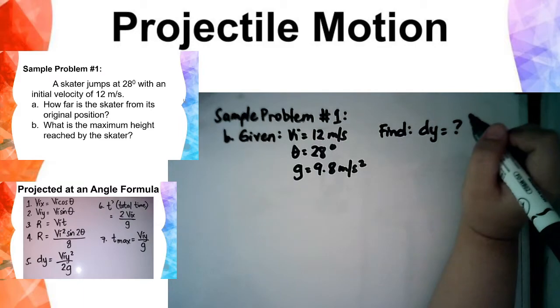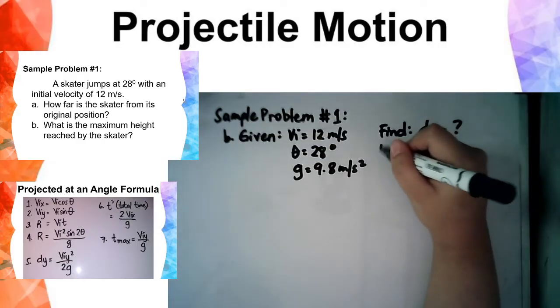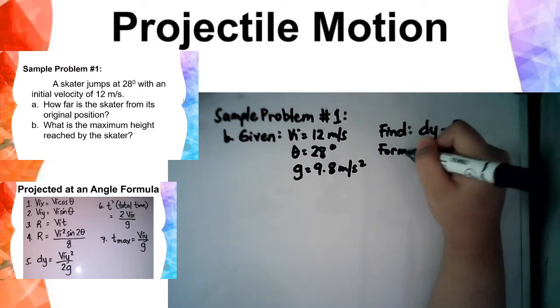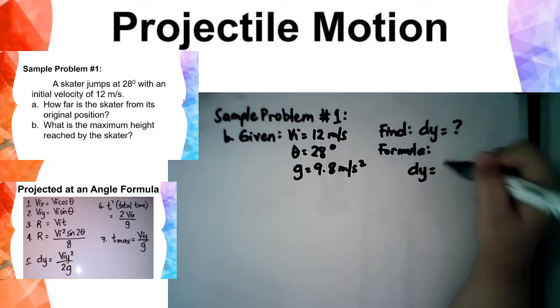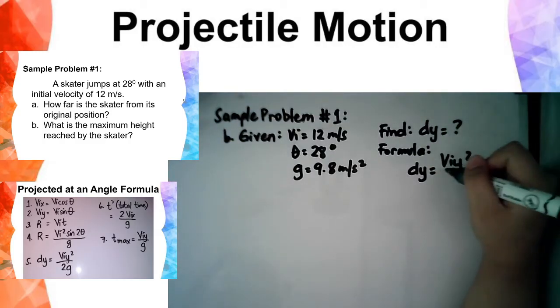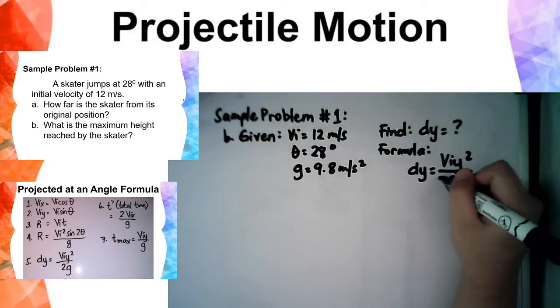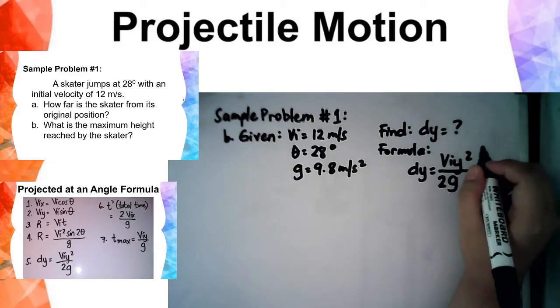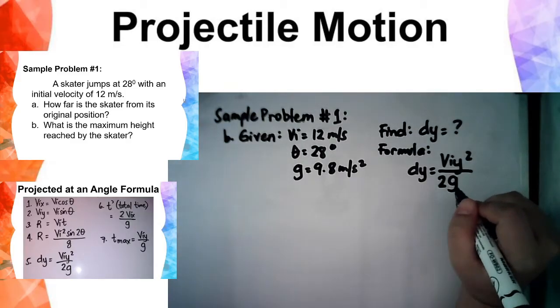Okay, so let's check sa ating formula na nasa screen. So we have only one formula for dy, which is number 5. So our formula is dy is equal to viy squared divided by 2g.